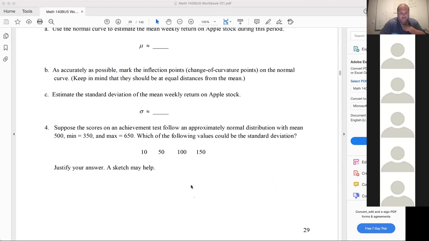So the mean is 500. The min is 350, which is 150 down. And the max is 650, which is 150 up. What is a reasonable standard deviation?